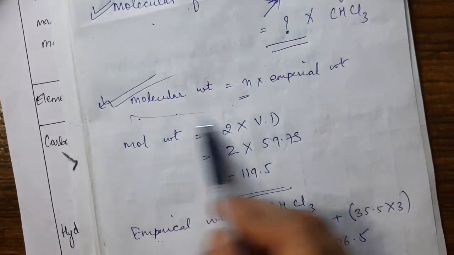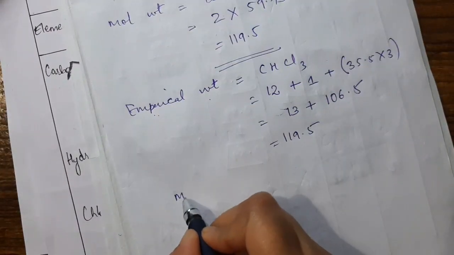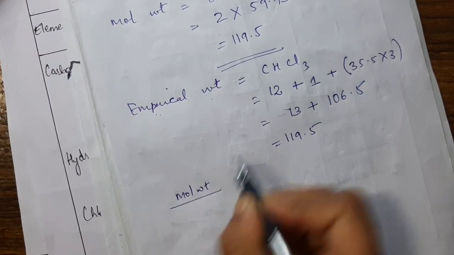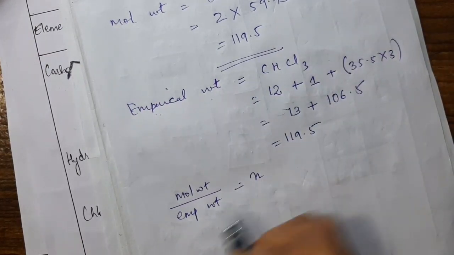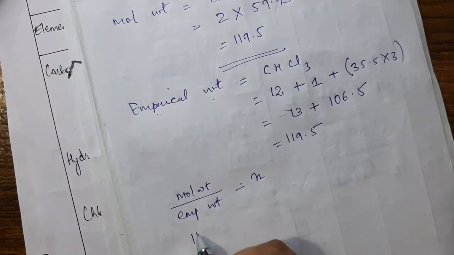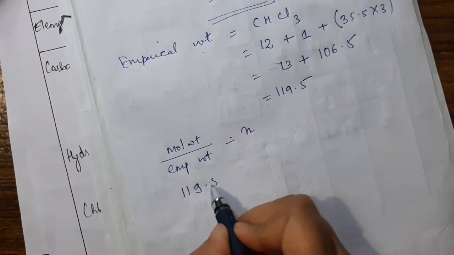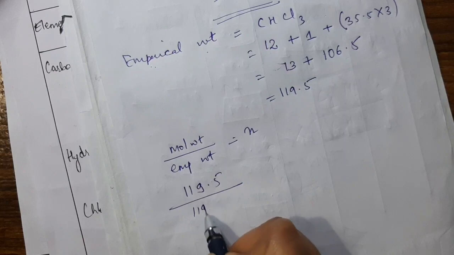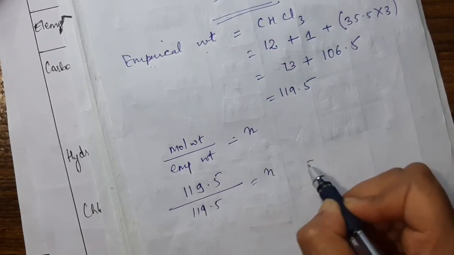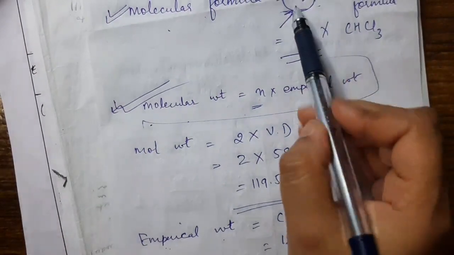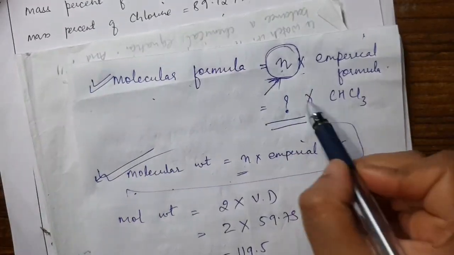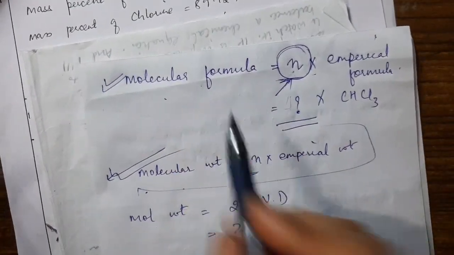So molecular weight divided by empirical weight would be equal to n. How much is the molecular weight? 119.5 divided by 119.5, the value is the same, so n is 1. Now putting the value of n as 1, we can easily find the molecular formula.